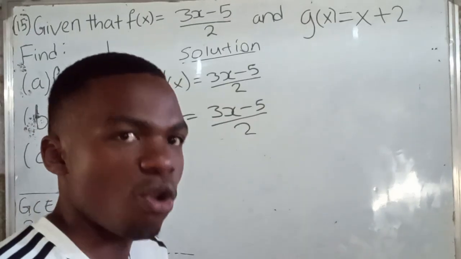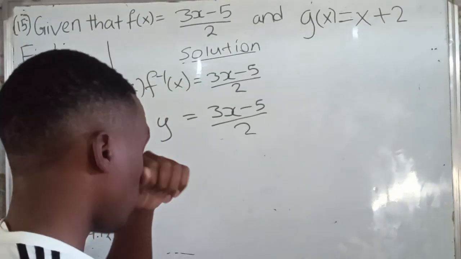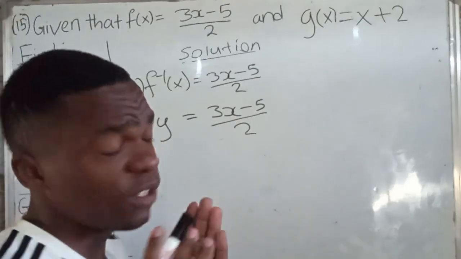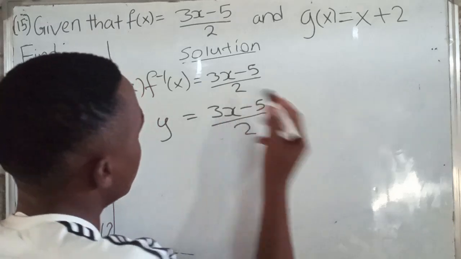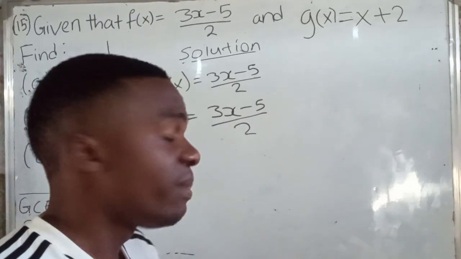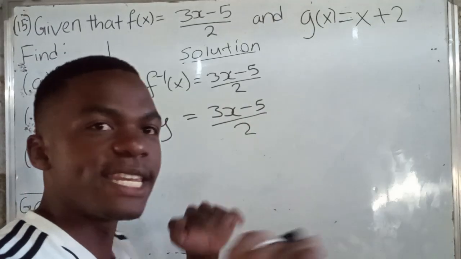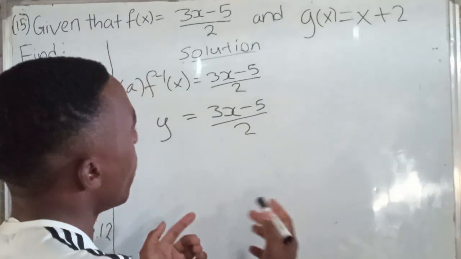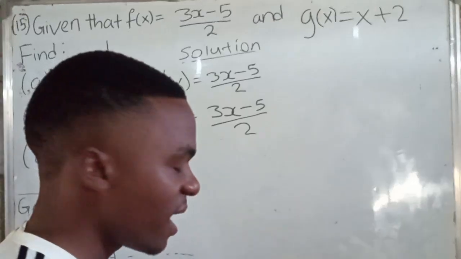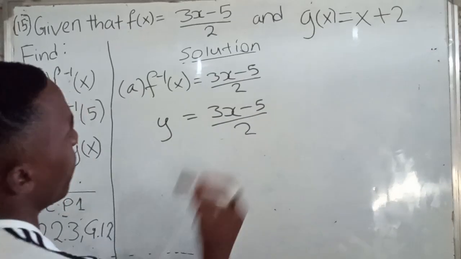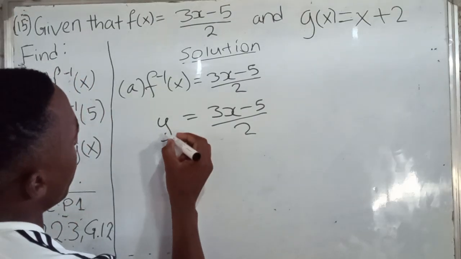So how are we going to make x the subject of the formula, or make x stand alone? We can see that this is a fraction, and it will be very difficult for us to make x the subject because of this fraction. So we will have to make this in a linear form so that the other one can cross the equal sign. Because this is a fraction, we are going to balance here.